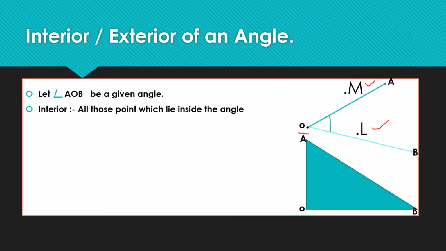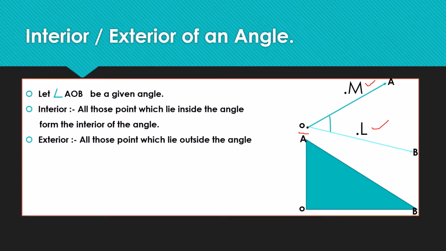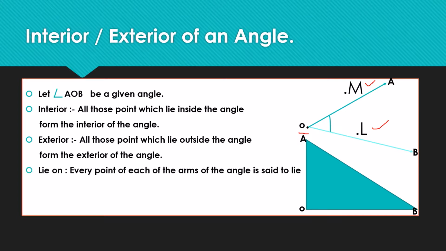So our concept is that all those points which lie inside the angle form the interior of the angle, for example point L. All those points which lie outside the angle form the exterior of the angle, like M. And any point which lies on the arms of the angle is said to lie on the angle. So for example, here the point lying on the angle is O, our exterior point is M and the interior point is L. Got it?